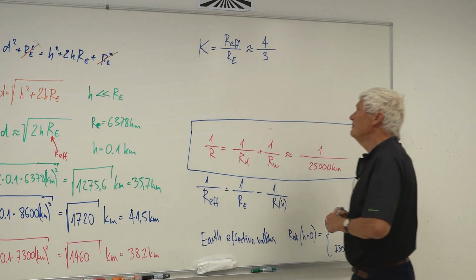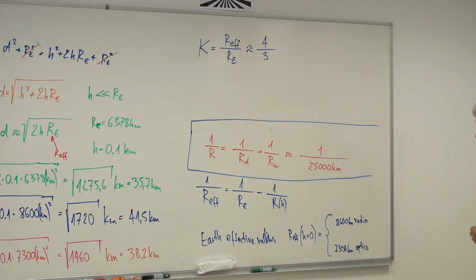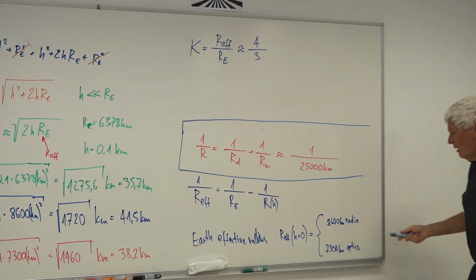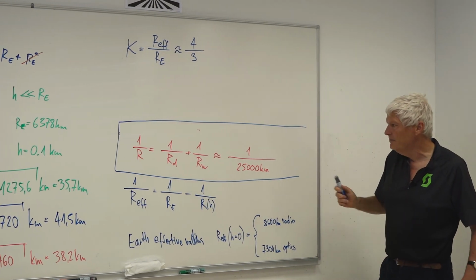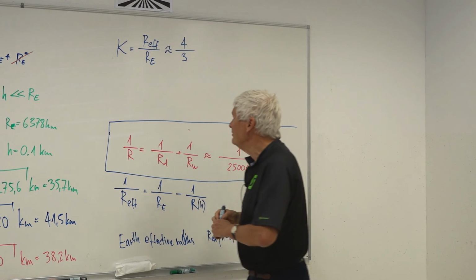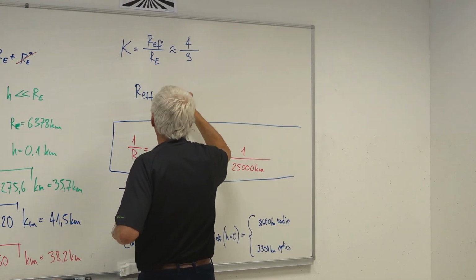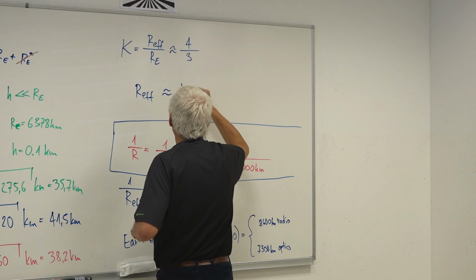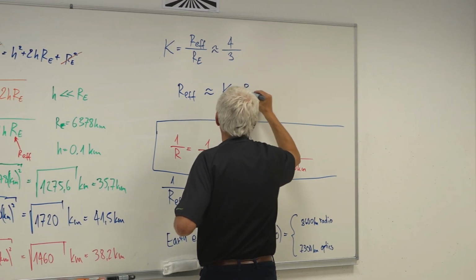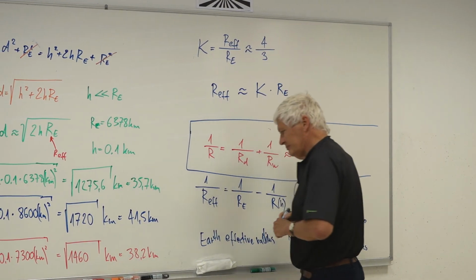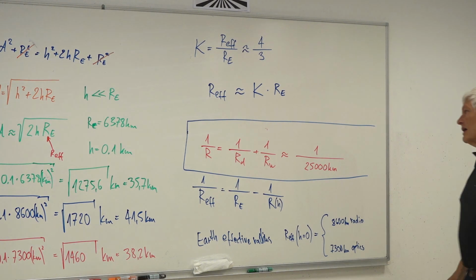So this ratio K actually tells you by how much the effective radius increases. The effective radius is now approximately this K times the real radius of the Earth. And we are making our calculations.